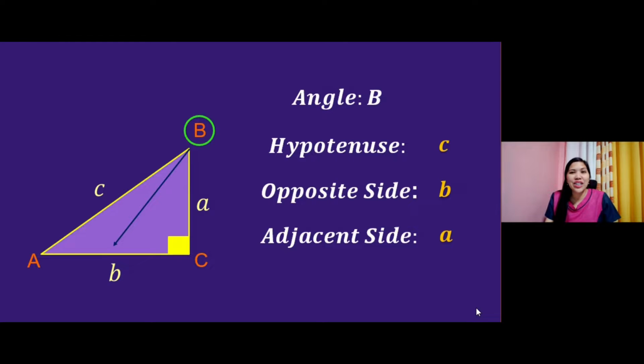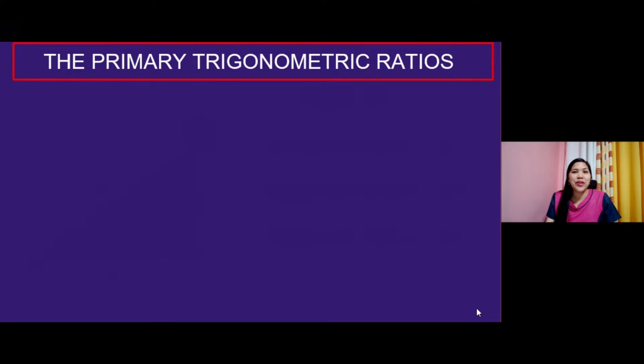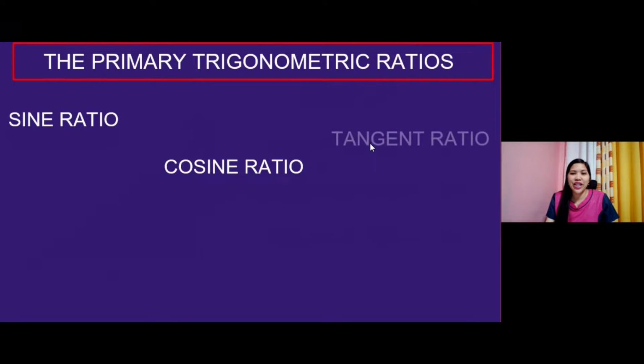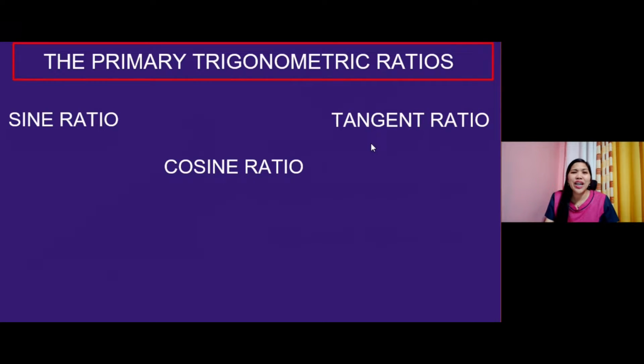Now, another lesson discussed in module number 1 is the primary trigonometric ratios. Can you still remember what are those? All right. So we have here the first one, sine ratio. Second, cosine ratio. Thirdly, the tangent ratio. Now, when can you use the sine ratio? How about the cosine ratio?